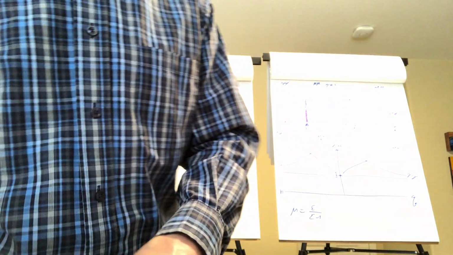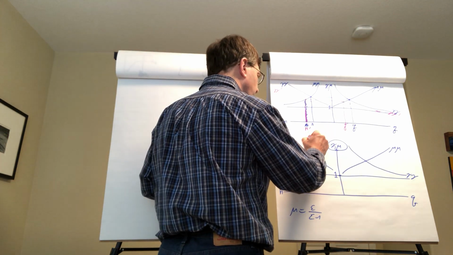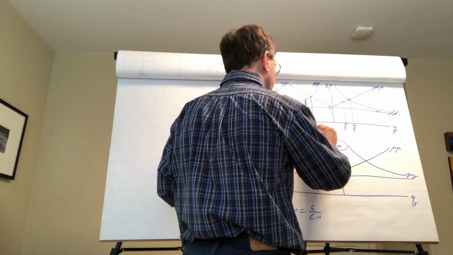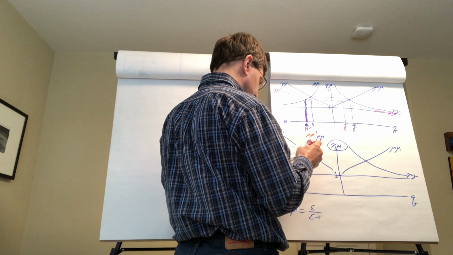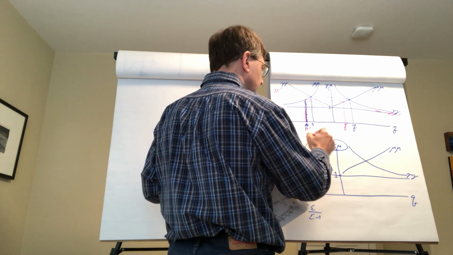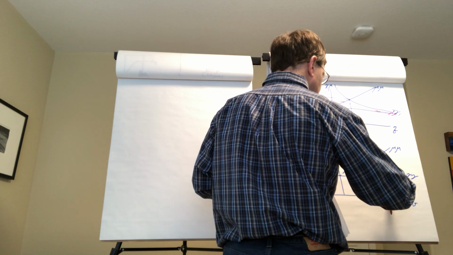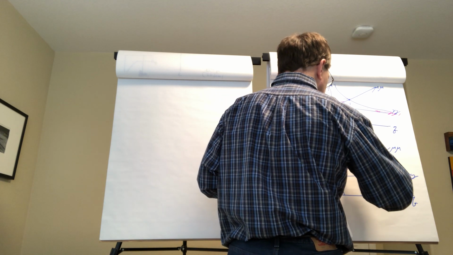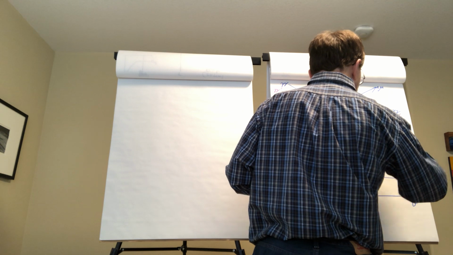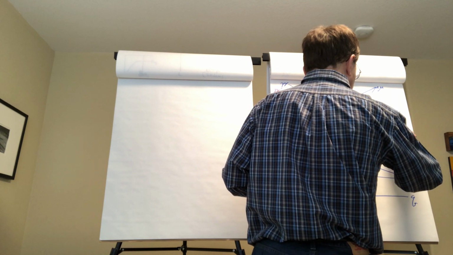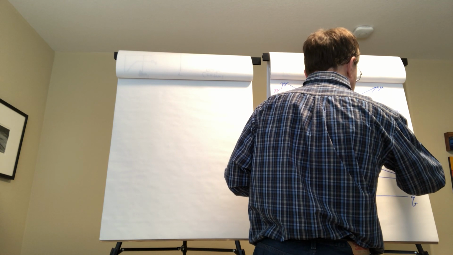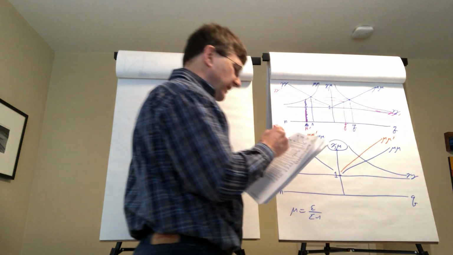Let's do this in red. A bigger mu at any given number of firms, so that's a mu prime that looks like this. Okay, and a given size implies a given number of firms. So for a given size, because we're not changing the total size of the category, we got mu prime there.